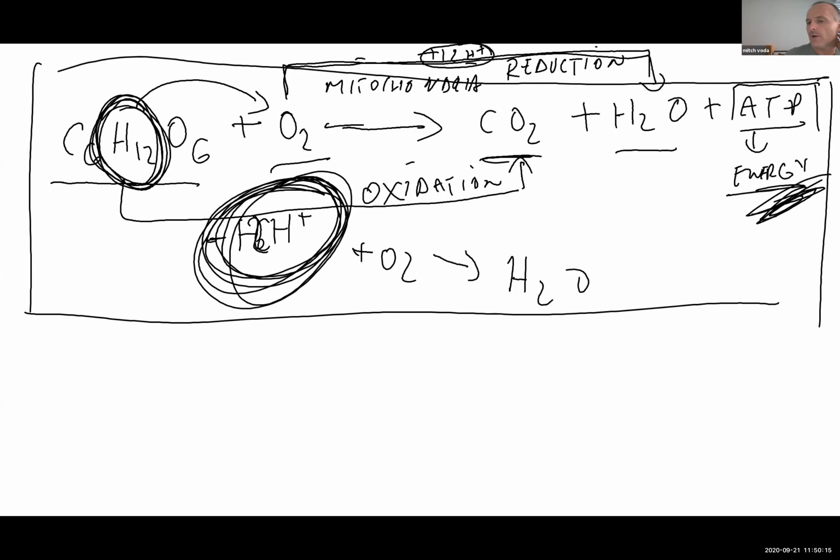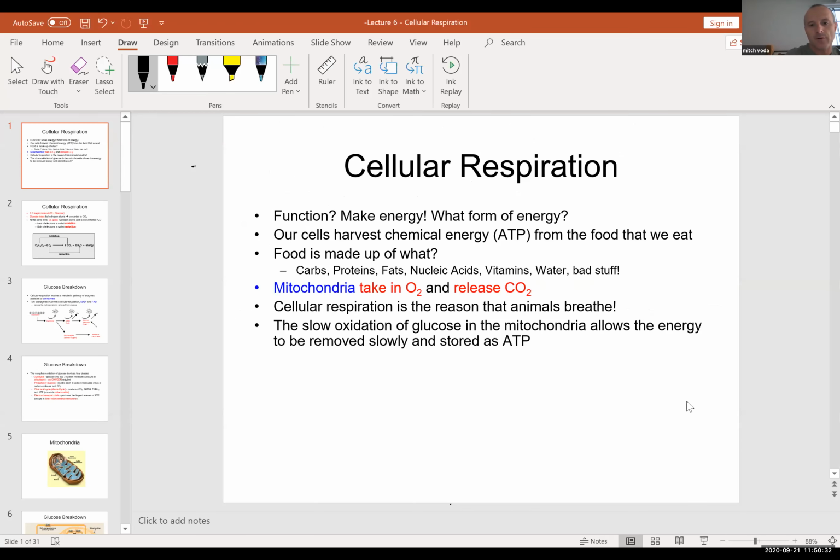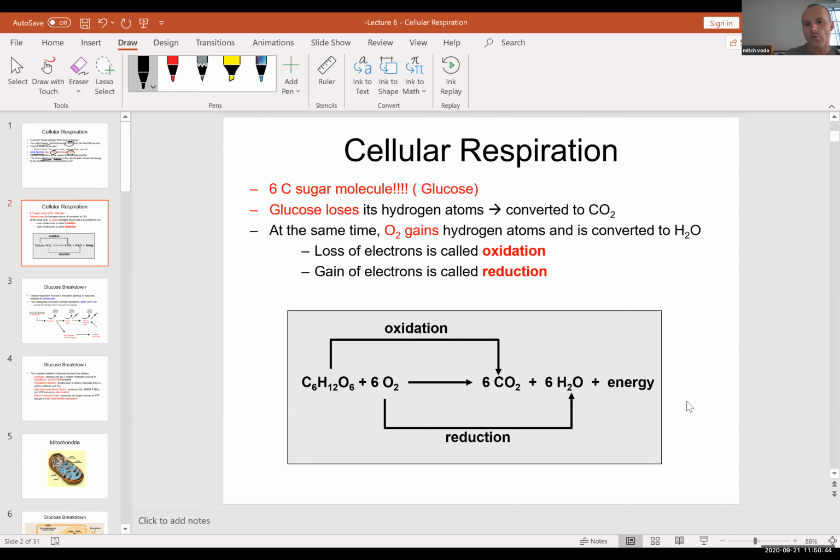All right, now let's go over and break down this whole process. As you look at the slides, I'm gonna keep switching between the slides and the drawing on the whiteboard right here. As you look here, the mitochondria takes in the oxygen and releases carbon dioxide. Cells harvest ATP through the process of oxidation of glucose.